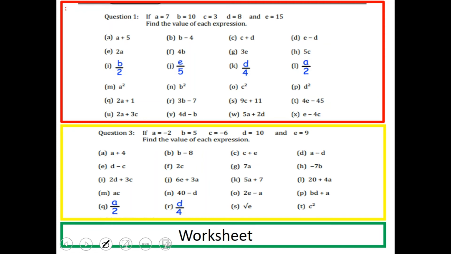The only thing I want you to notice is for question 1, the values of A, B, C, D and E are different from question 3. So please remember, for the amber section, the values of the letters A to E have changed. So make sure you attempt these questions. If you got some incorrect, do 5 from the red.